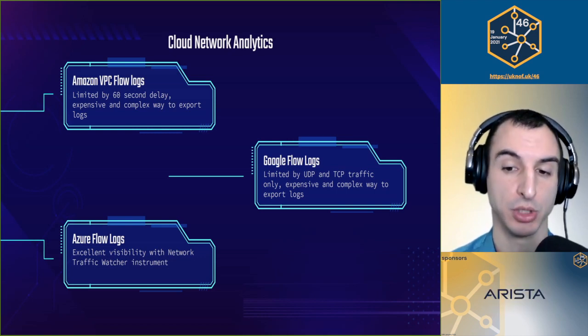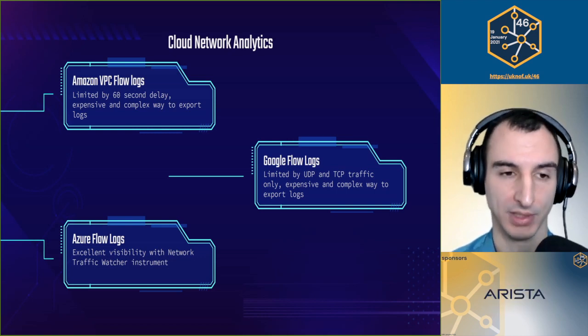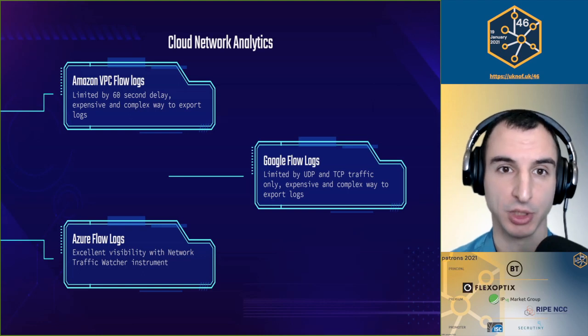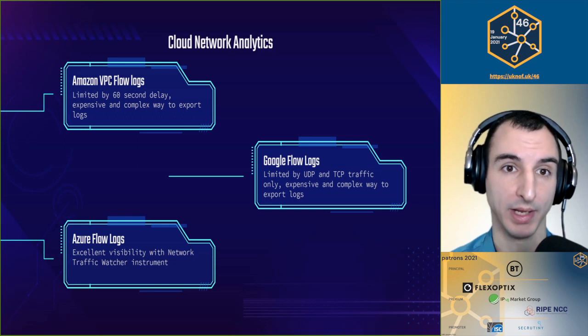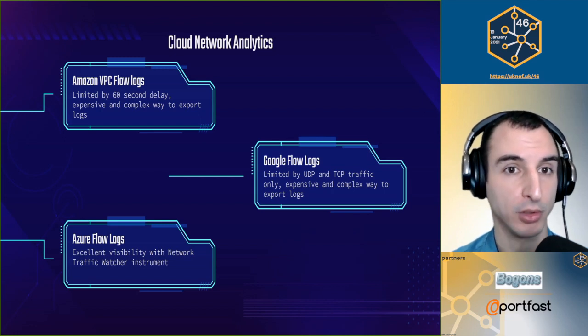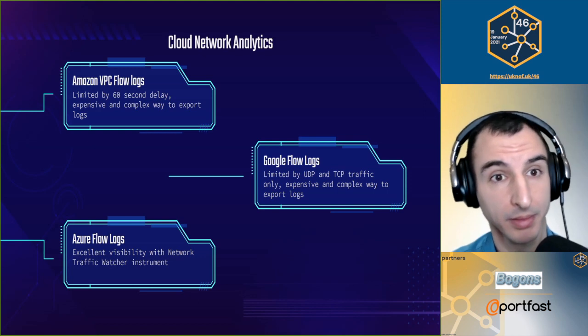But one of the main issues for Google, and Google, please fix it: you have no visibility for non-TCP and UDP protocols. So if you experience a GRE DDoS attack, it will not be reflected in any way in your telemetry. It's really a big issue because it's quite a common type of attack. It may be a new protocol which will be used as a vector for DDoS attack, like maybe BGP.